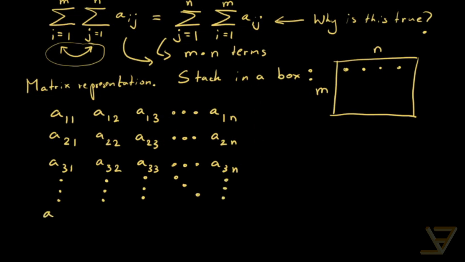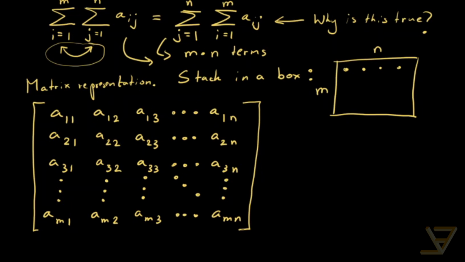We have Am1, Am2, Am3 all the way through to Amn. And so you can see we've got this matrix of m times n values.